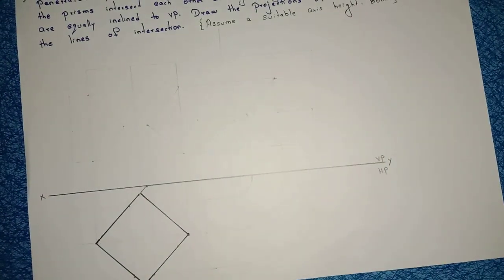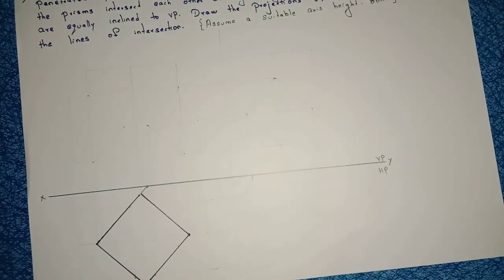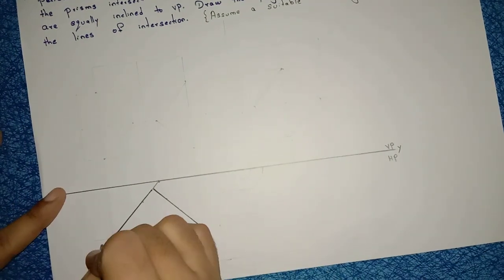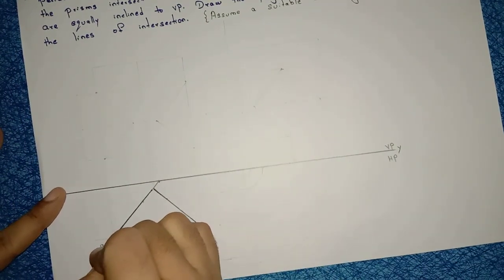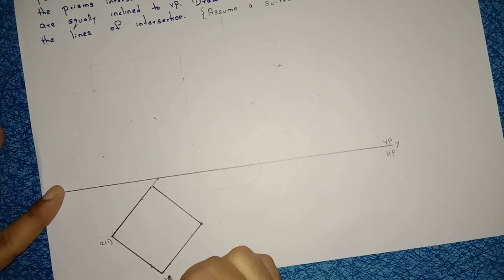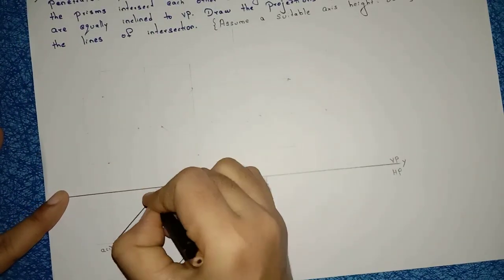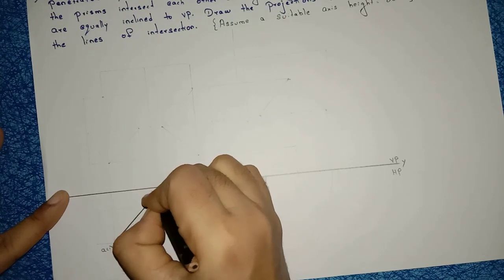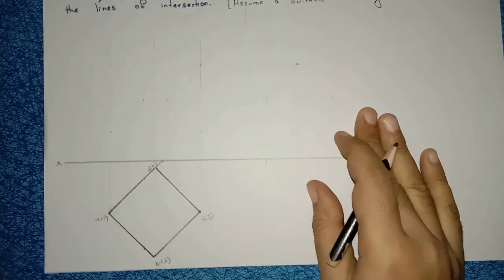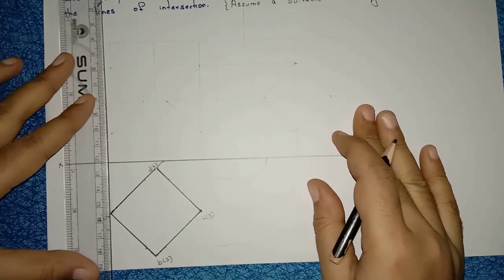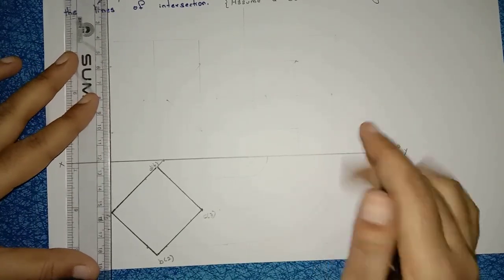Right, so first construct the square. Name the square as a of 1, b of 2, c of 3, d of 4. Now project all these corners till the reference line.